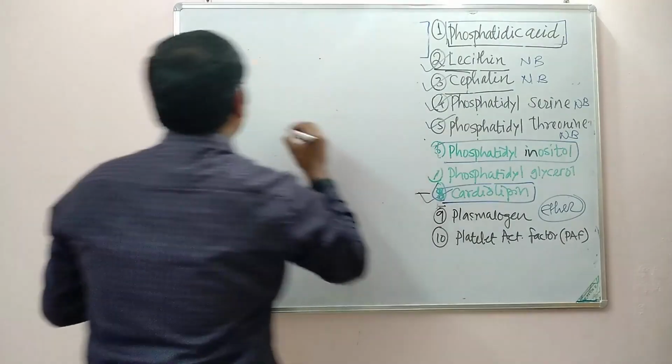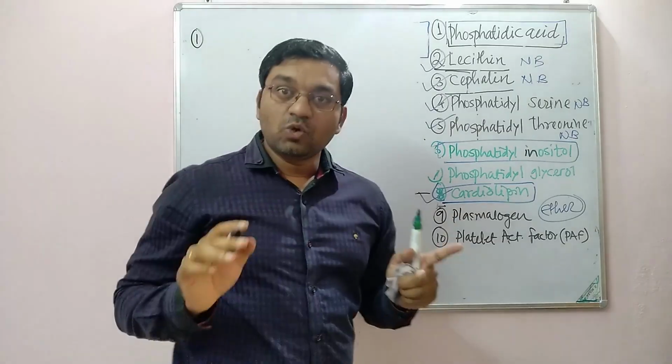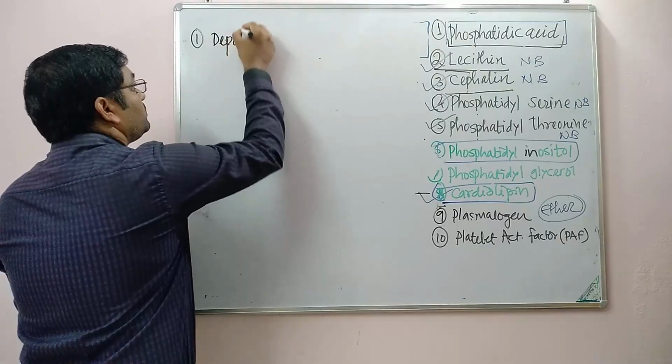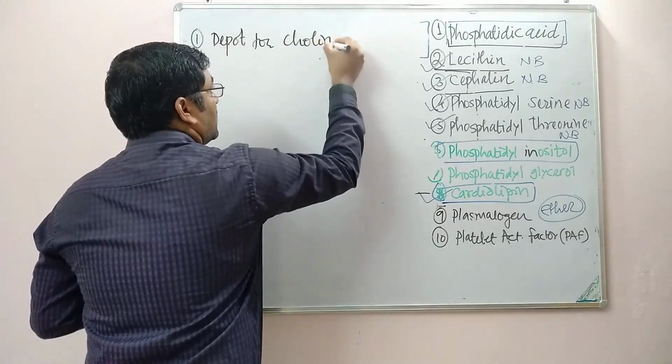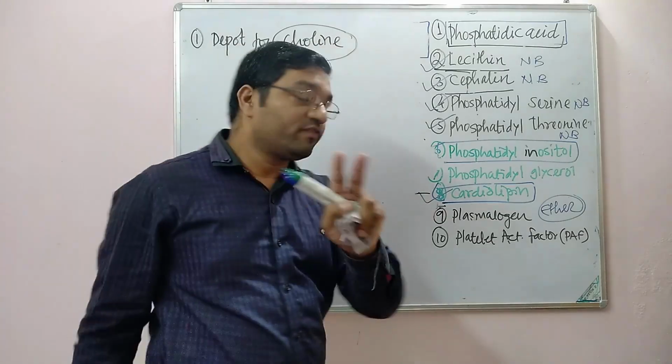Coming to the lecithin. The other name for lecithin is phosphatidylcholine. So it acts as a depot for choline. And choline has two important functions.